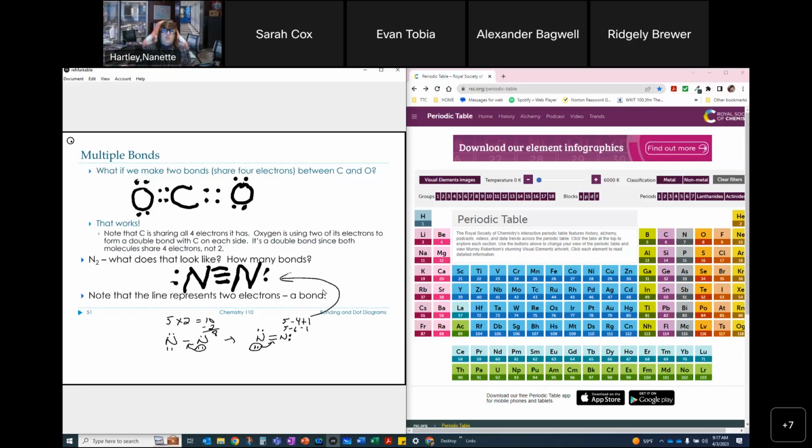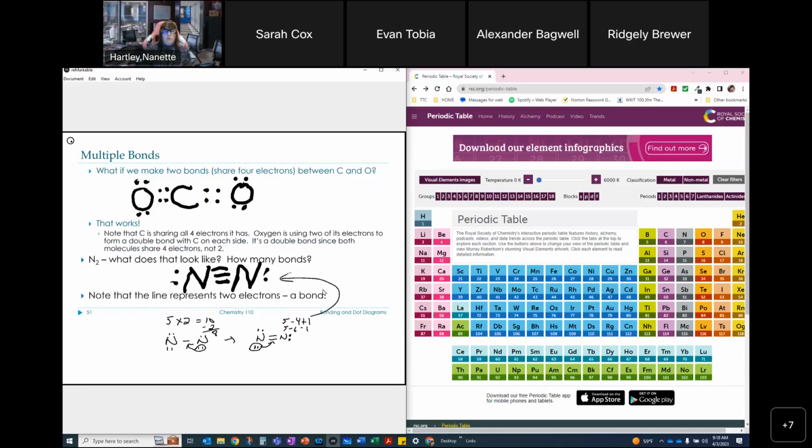So double bonds and triple bonds. Double bonds share 4 electrons, but notice they're all in the same space. From a 3-dimensional perspective they're not exactly in the same space, but they're shared between the 2 atoms, so we consider them as one bond.